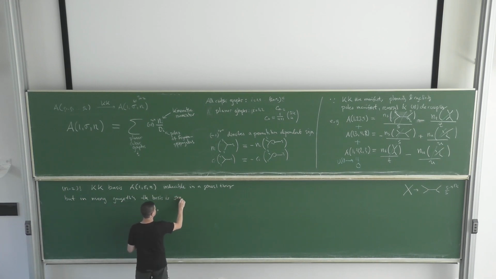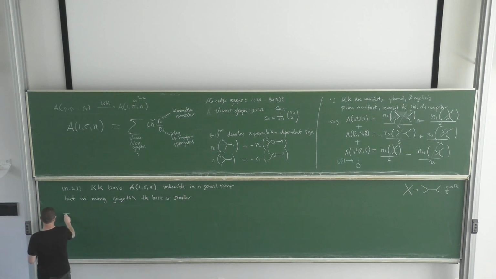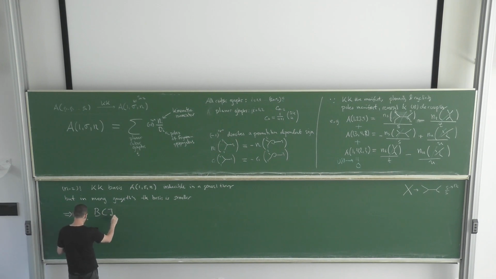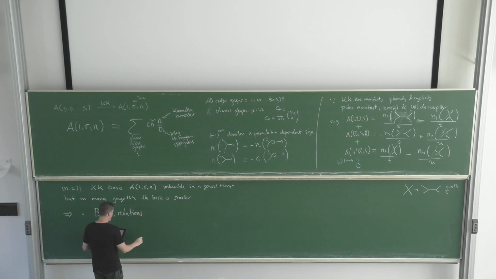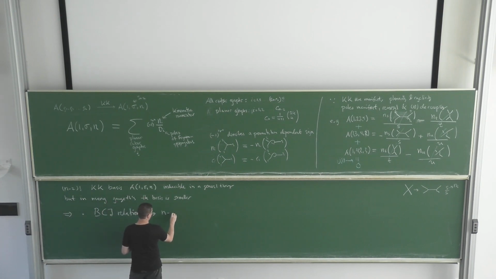And so there's an additional set of relations, which we often call BCJ relations, which can bring down this basis by fixing one additional leg here, and then the basis becomes (n-3) factorial.